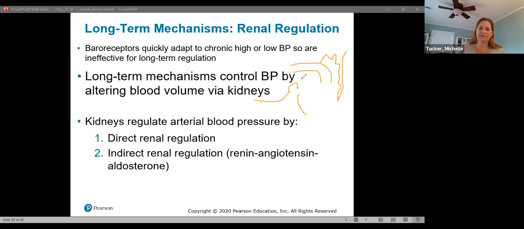But we have an afferent arteriole and an efferent arteriole, and these are leaky capillaries. The pressure of the system pushes filtrate into this capsule.